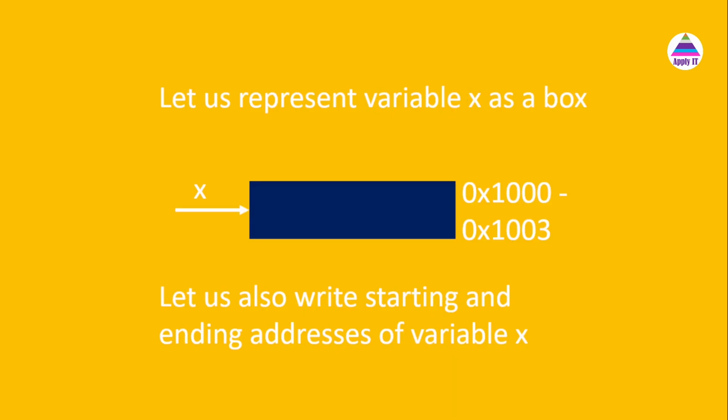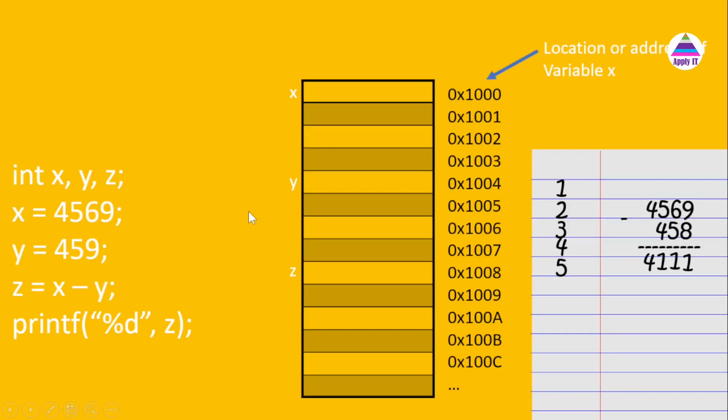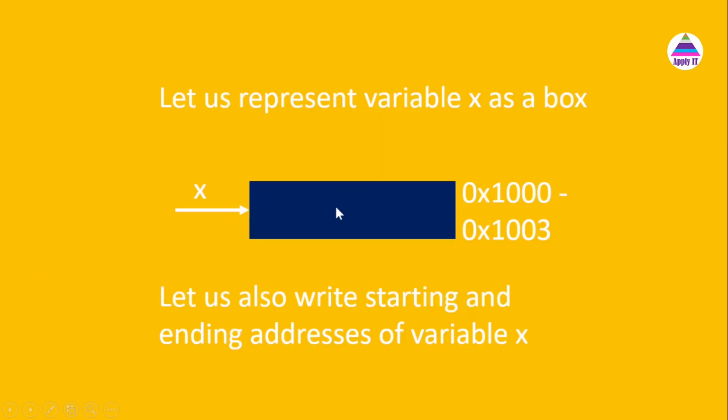Now let us represent this whole variable x, which was occupying 4 bytes. You can see it here. This variable x is occupying 4 bytes. So let us represent it as one single box like this. And let us also write the starting address 1000 and ending address 1003 along with this box.